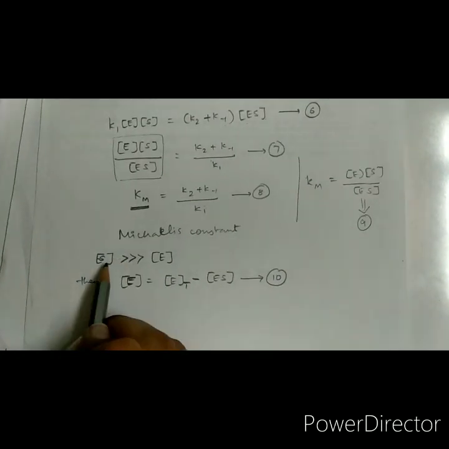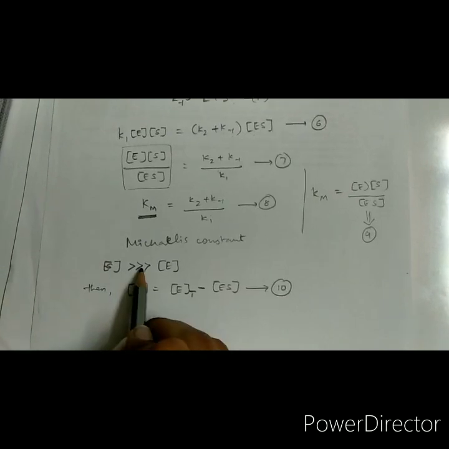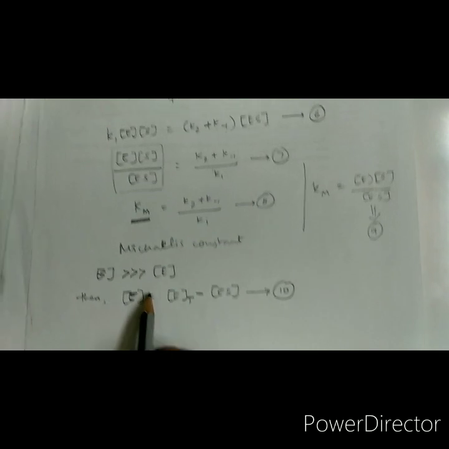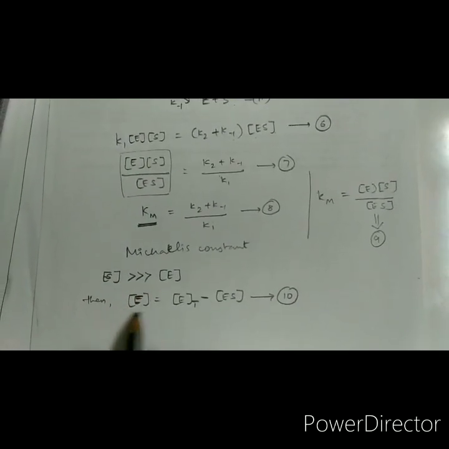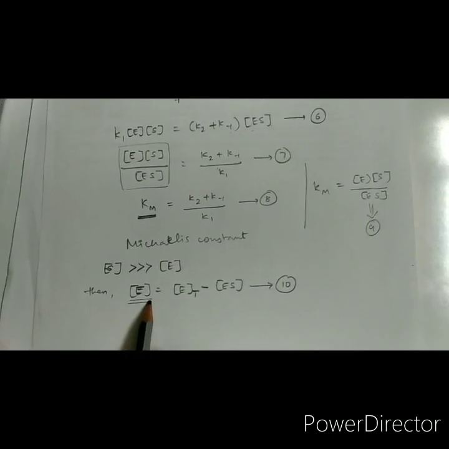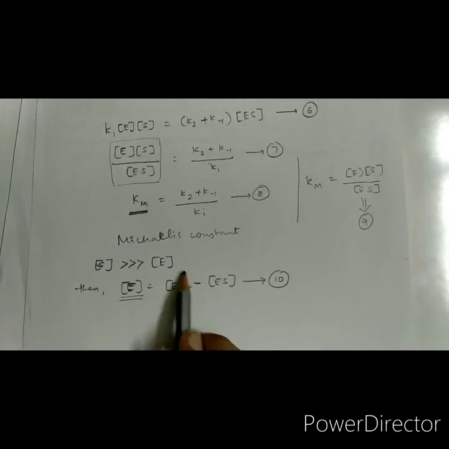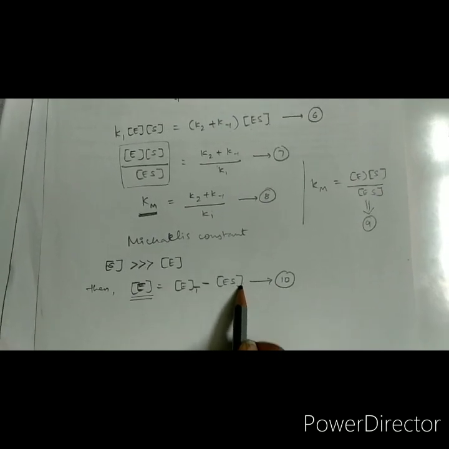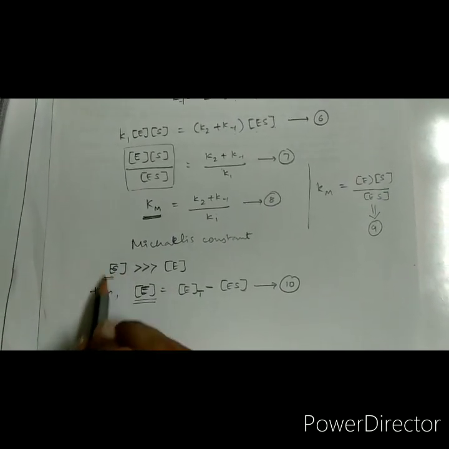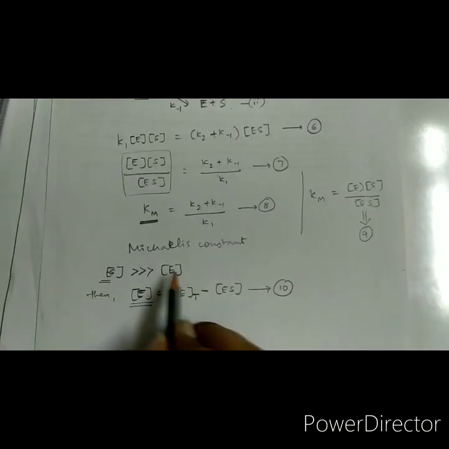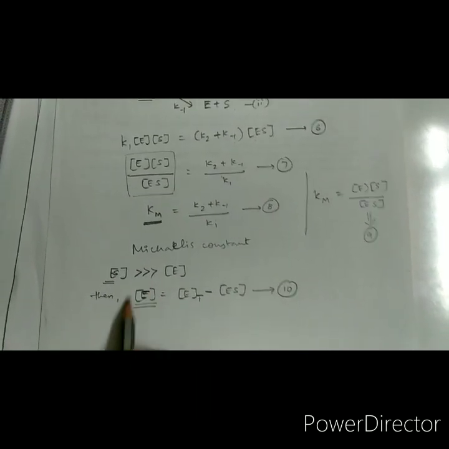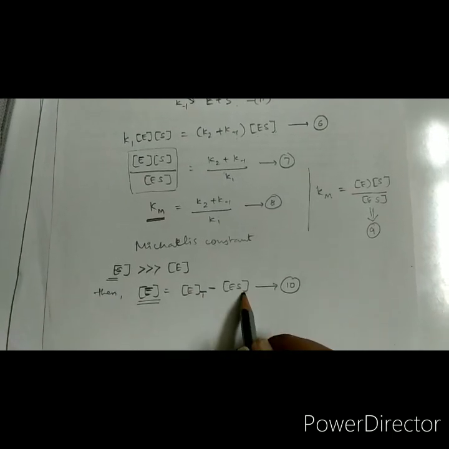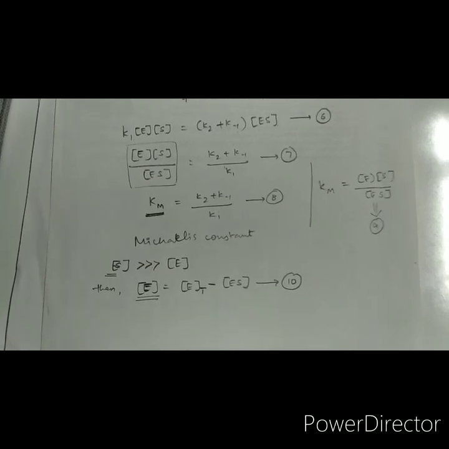If we assume that the substrate concentration is much higher than the enzyme concentration, then the concentration of unbound enzyme, that is the concentration of free enzyme, will be equal to the total enzyme concentration minus the enzyme substrate complex.